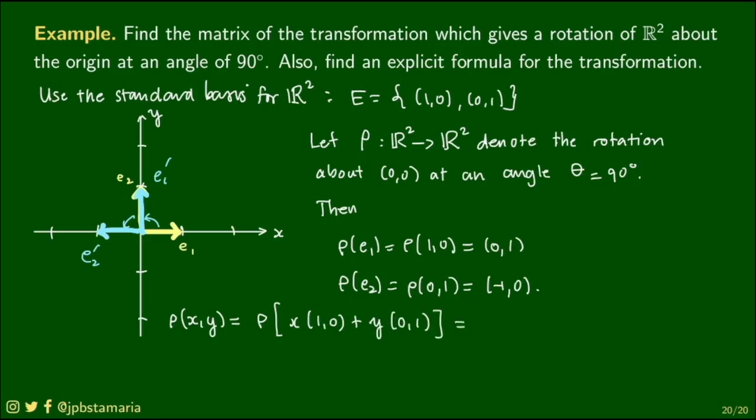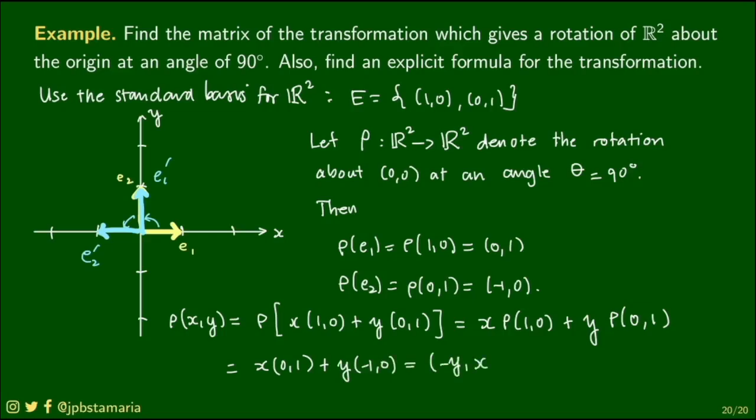Now applying rho, x rho of (1, 0) plus y rho of (0, 1). But rho of (1, 0) is (0, 1) and rho of (0, 1) is what? (-1, 0). So if you simplify, we get (-y, x). So this gives us a formula for the rotation.